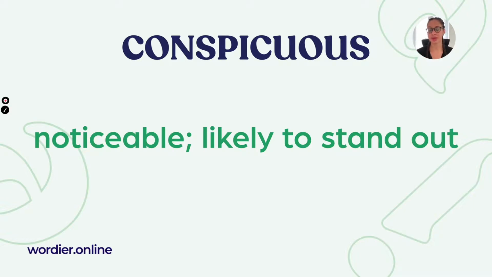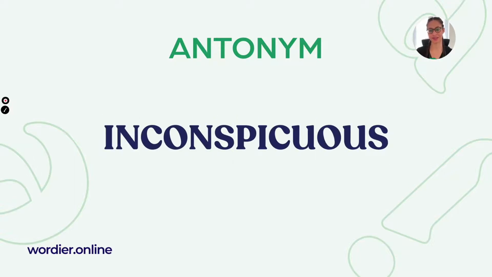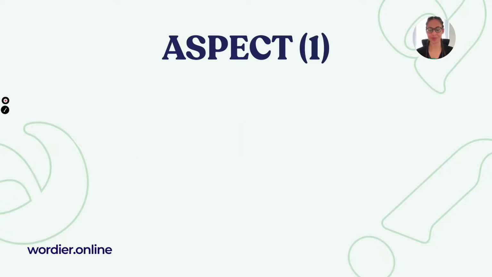There are times when you may not want to be seen, not want to stand out, and so the antonym here would be more appropriate. You just add a prefix meaning not, and you get inconspicuous. So if you are trying to be inconspicuous, you might dress in dark clothing, stay close to the wall, like a thief in the night.